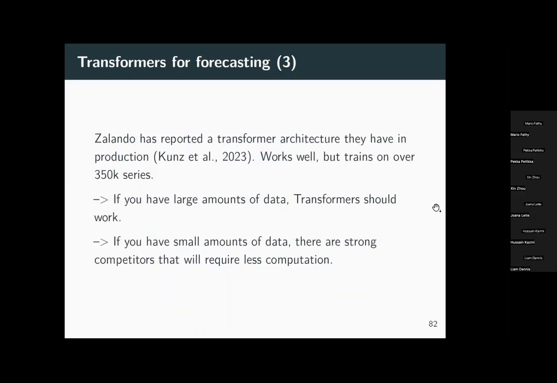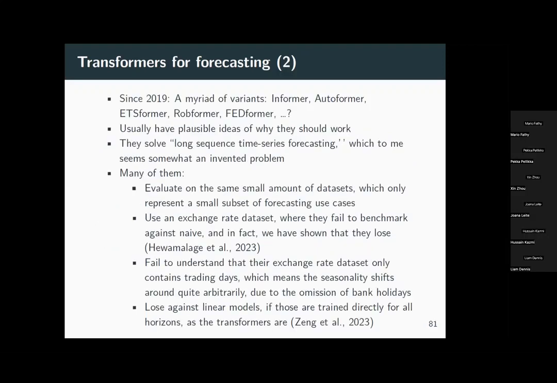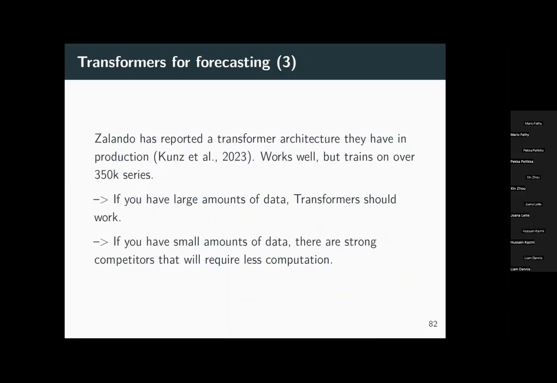Okay, so having said all of this as a cautionary tale, I've seen situations where you spend 3 hours running on a very powerful GPU, training to get a result that is worse than naive. That's obviously a word of caution, but to be fair, people like Zalando have reported they use transformer architectures in production.